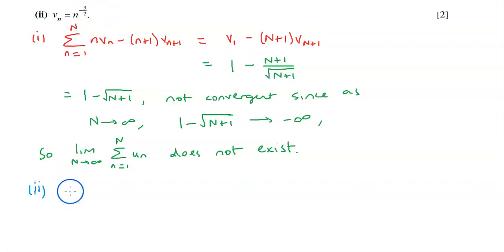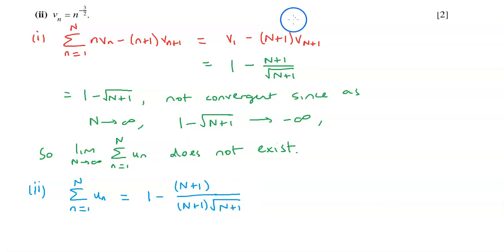So the sum from n equals 1 to N of Un in this case is equal to 1 minus N plus 1 divided by, and this time the V of N plus 1 term is going to be N plus 1 times the square root of N plus 1, because it's N plus 1 times N plus 1 to the negative 3 over 2, which is exactly what that is. And so that's equal to 1 minus 1 divided by the square root of N plus 1.